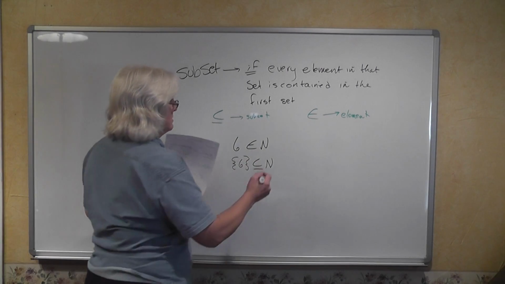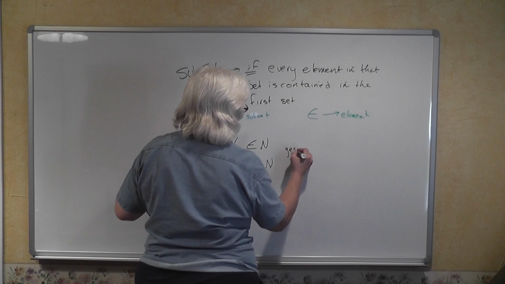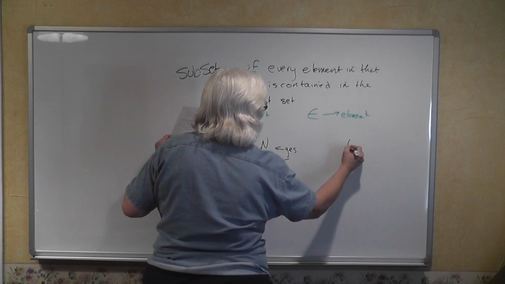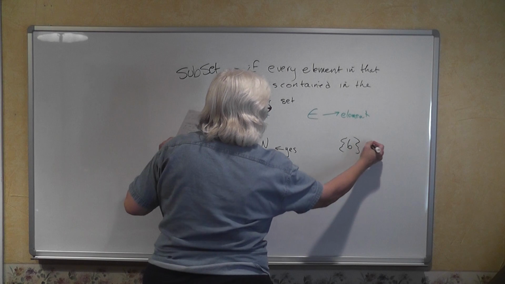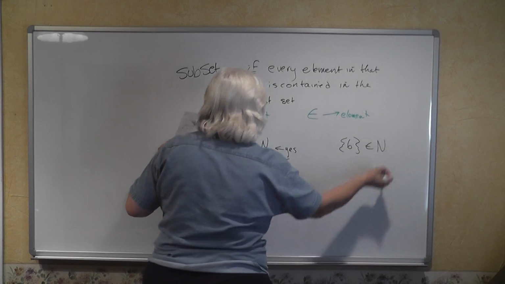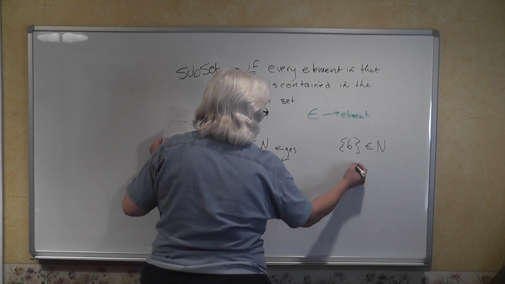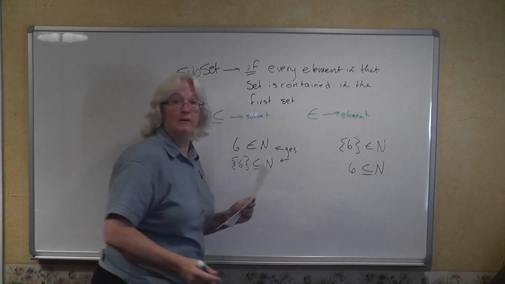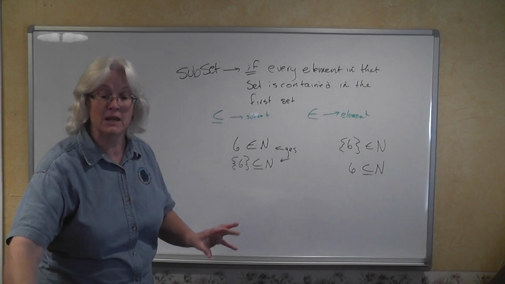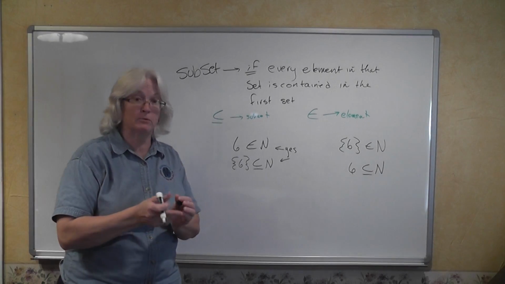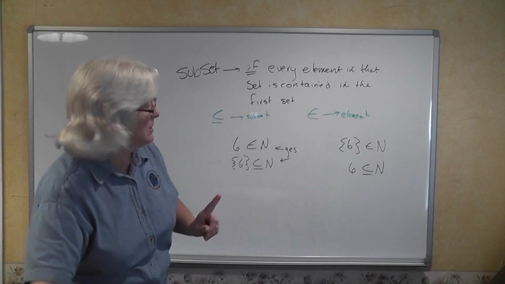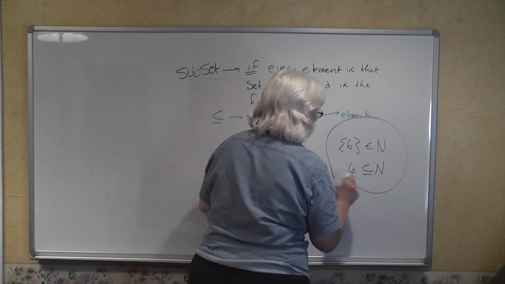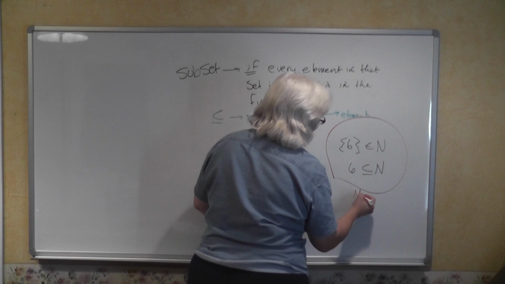Now, this is correct. However, if you would say that this is an element of the natural numbers, or that this is a subset of the natural numbers, neither of these mean what you intend for them to mean. These are meaningless. Do not write them.